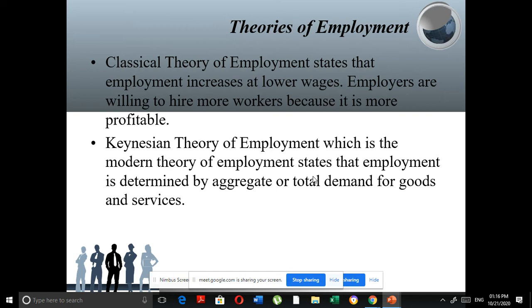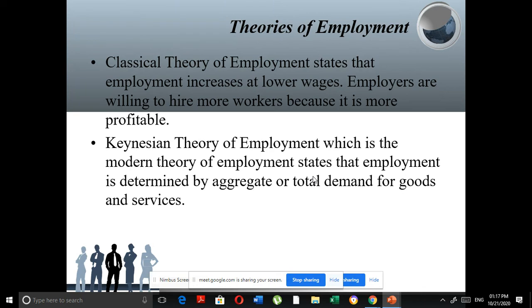Continue. Theories of employment. Classical theory of employment states that employment increases at minimum wages, at minimum salaries. Employers are willing to hire more workers because it is more profitable. This is the first, classical theory of employment.